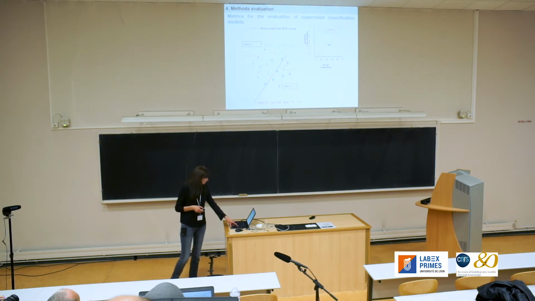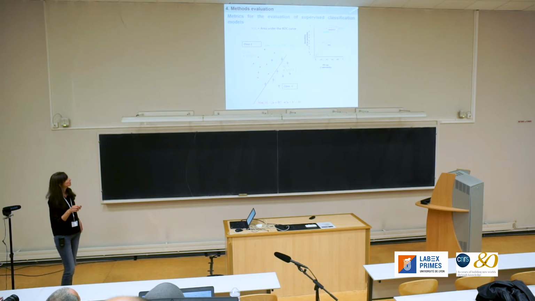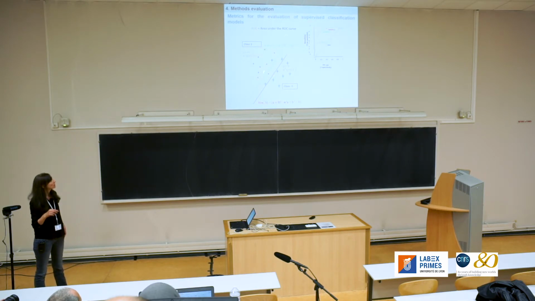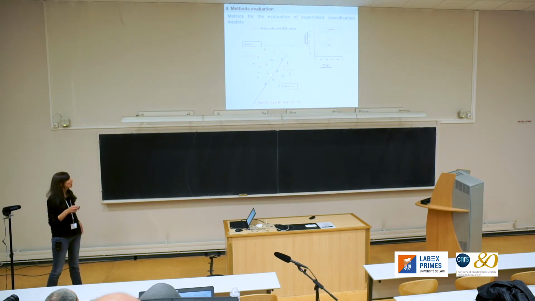So, taking a linear classifier again, you will output a linear separation, and based on this value you will decide, which will determine the true positive and false positive cases.